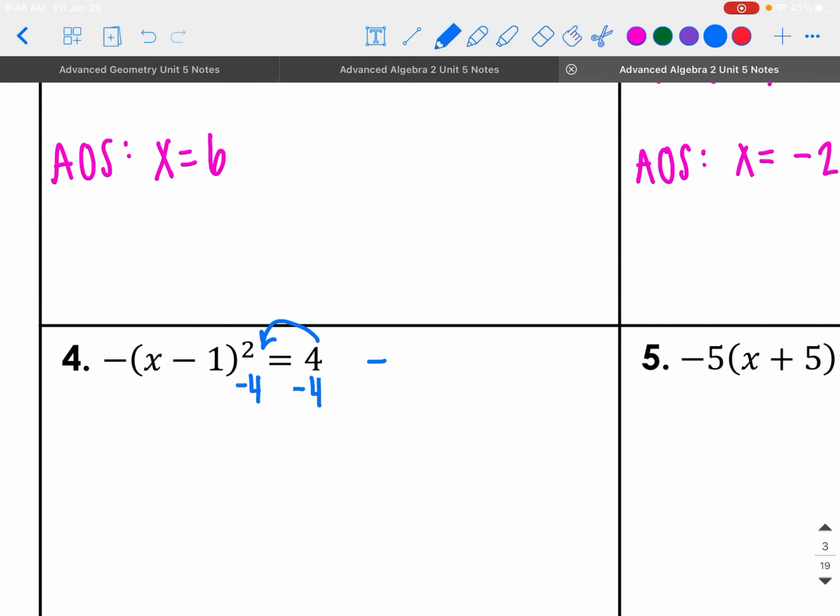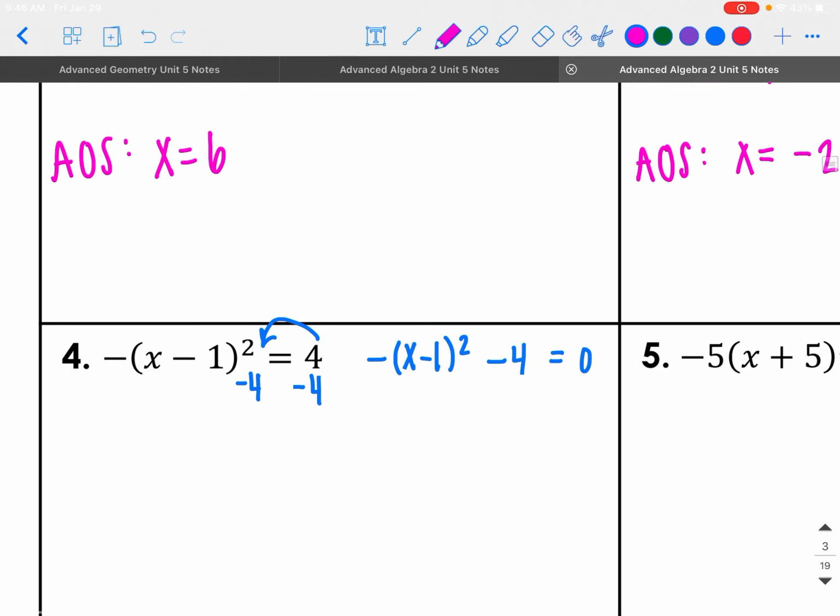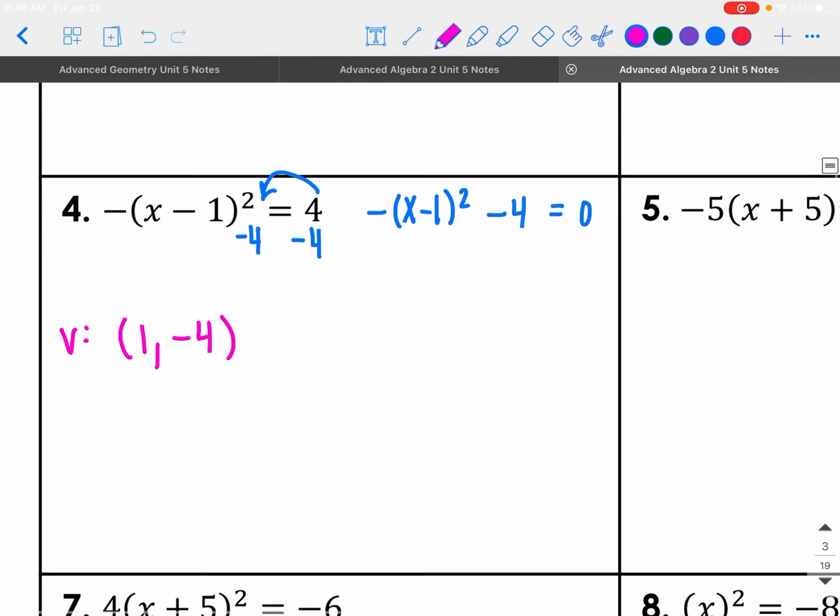And this becomes negative (x minus 1) squared minus 4, and then we could say equals 0 because 4 minus 4 is 0. So the vertex is positive 1, negative 4. Axis of symmetry, x equals 1.